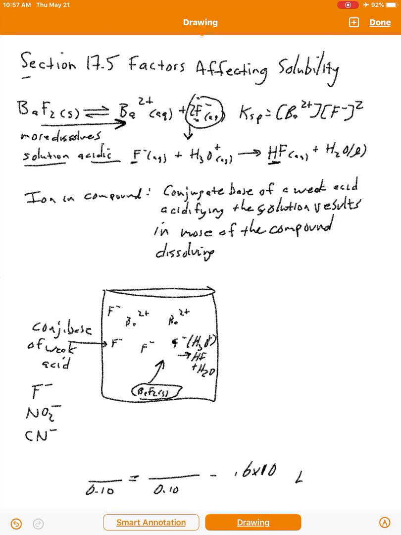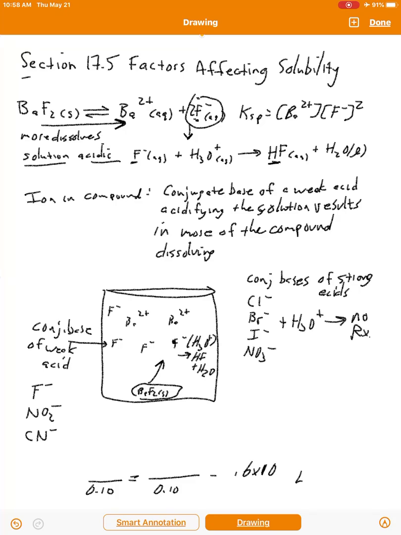What we'd observe is if you had chloride or bromide or iodide, for example, or nitrate, these are conjugate bases of strong acids. So there would be no effect, because when you add hydronium to chloride, or any of these, you get no reaction, right?